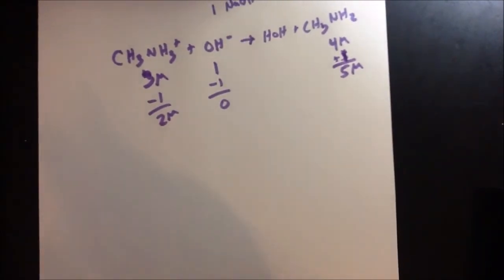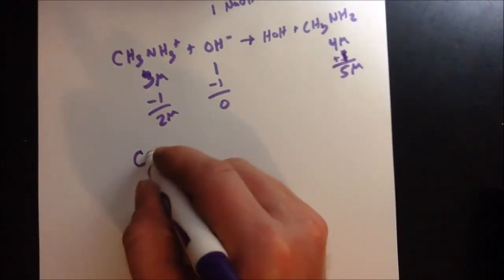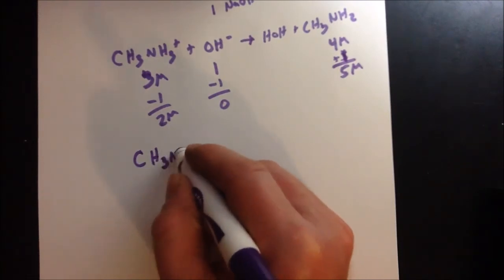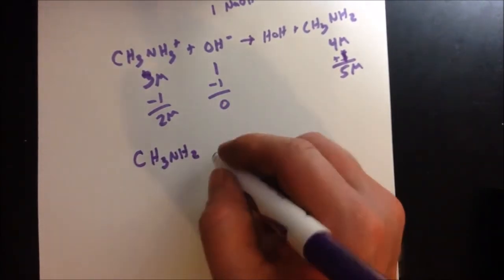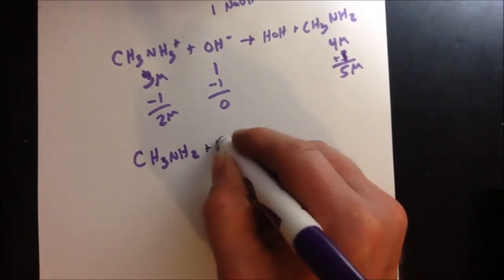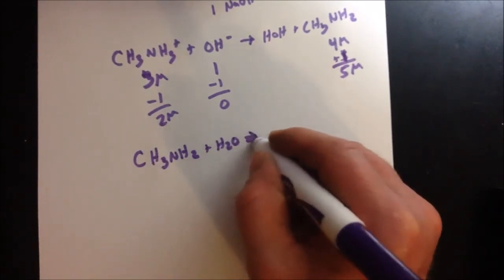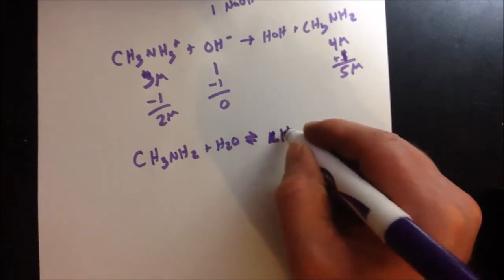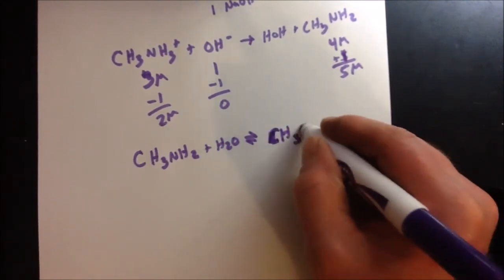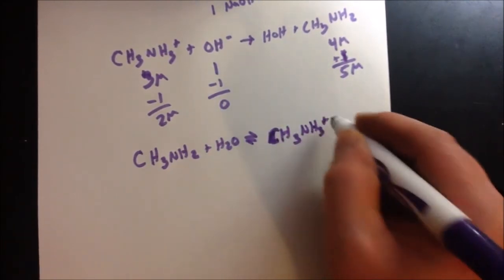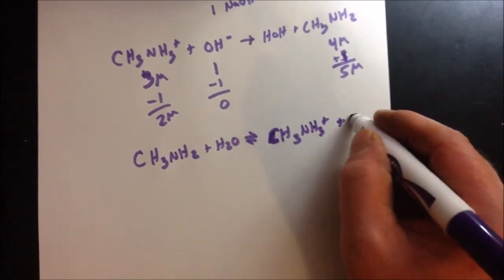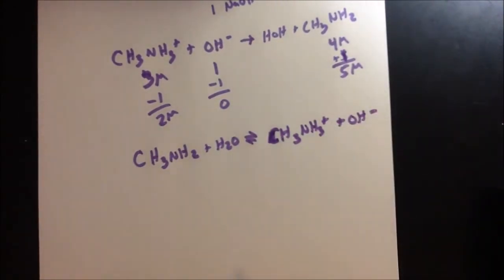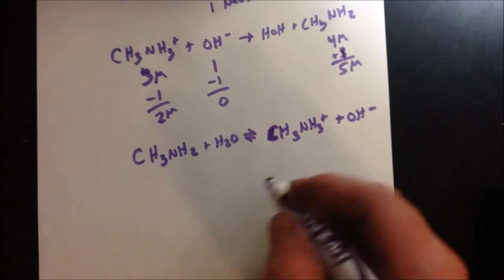After I've done the stoichiometry, now I'm ready to go back to that expression, CH3NH2 plus H2O, CH3NH3 plus, OH minus. And now we got some new values to plug in.